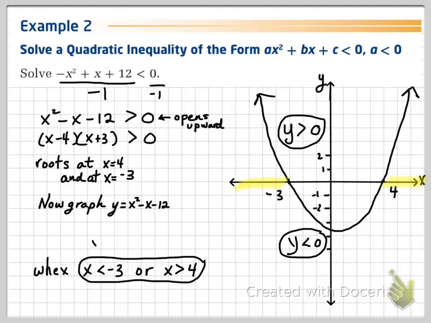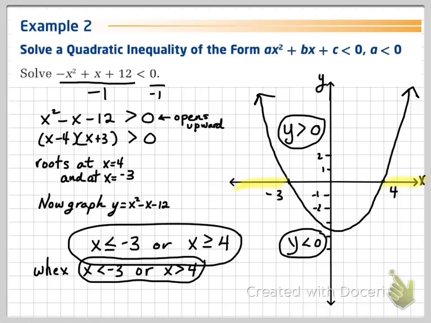So there you have it. The solution is x is less than, not equal to, just less than -3, and x is greater than 4, not equal to.